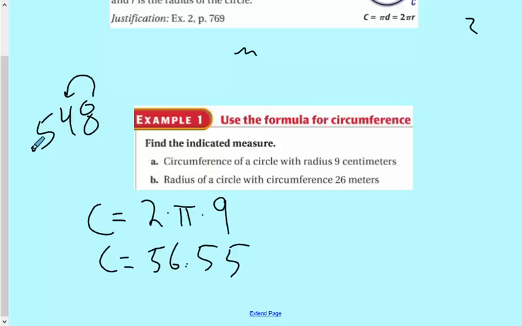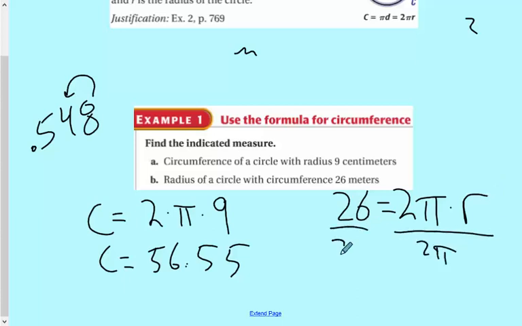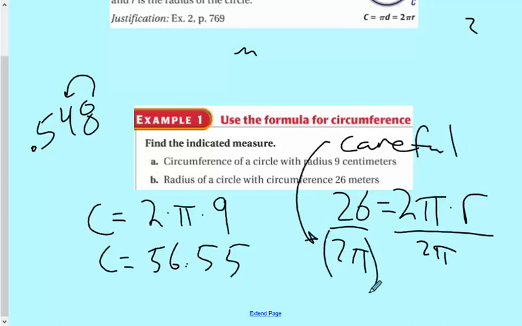Radius of a circle with circumference 26. Now they give us the circumference, and they want us to find the radius. So I'm going to use the r formula rather than the formula with the d in it, so I'm going to divide by 2 pi here. Now you have to be careful. When you put this in your calculator, you need to put this in parentheses.